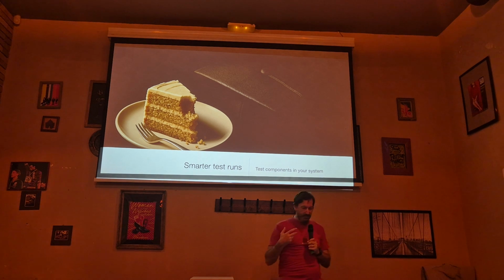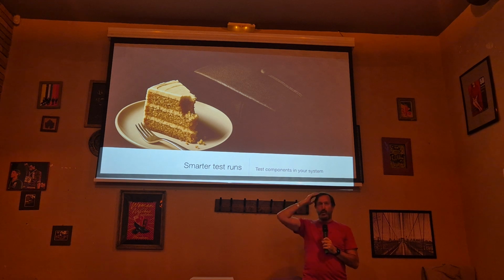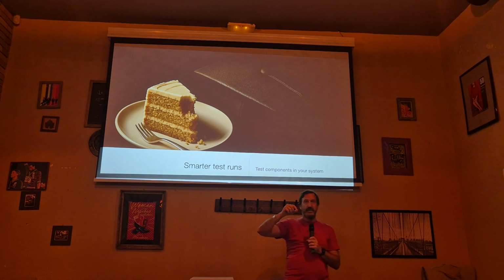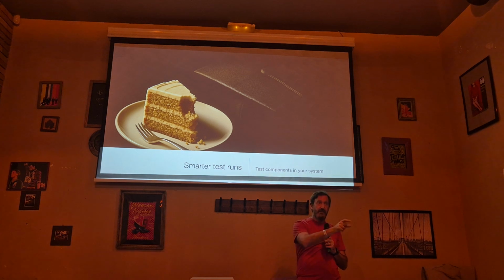We need to figure out how to test components in the system. And at this point, we go from complete certainty to using heuristics. We are trading off accuracy for speed. It's okay. As Linda was saying, it's about risk management. We can think about the risks that we're taking and decide whether or not we want to do this.